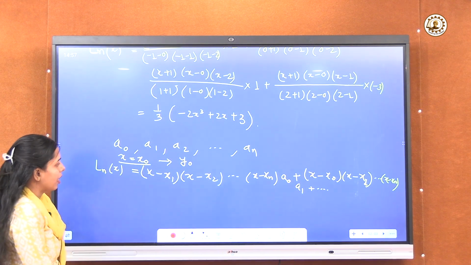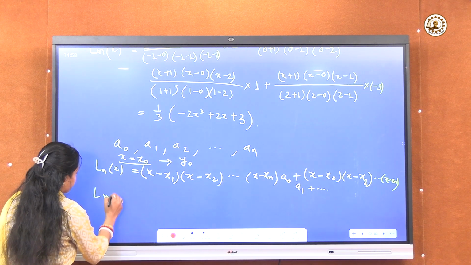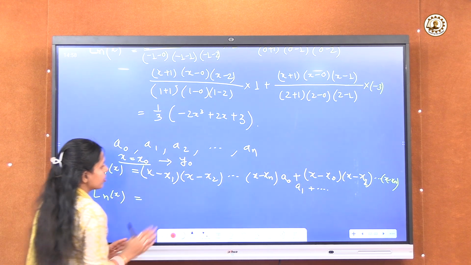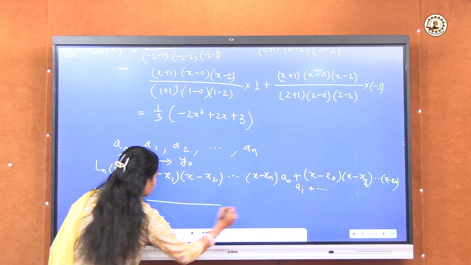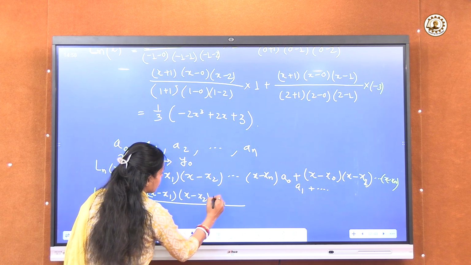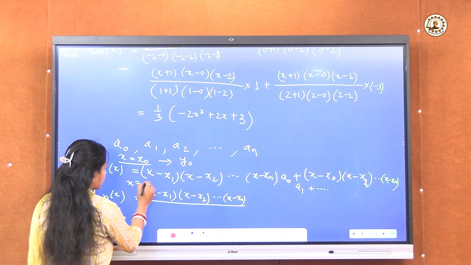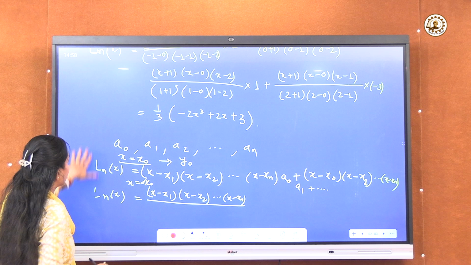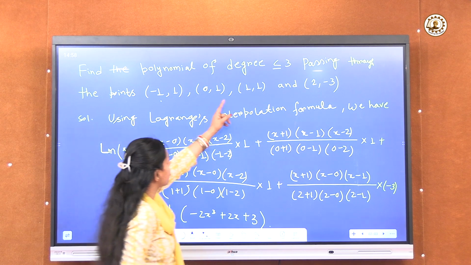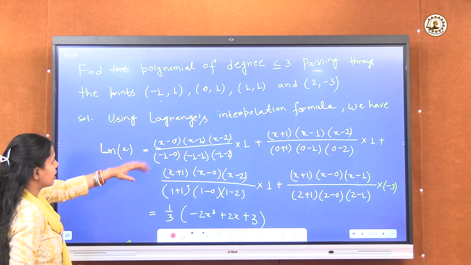Here our Lagrange interpolation formula becomes L_n(x) equal to a0, a1; we substitute the constants and the formula becomes (x minus x1)(x minus x2) up to (x minus xn). Our points are x0, y0, x1, y1, x2, y2, x3, y3. Here when 3 points are given, the polynomial is of degree less than or equal to 3.